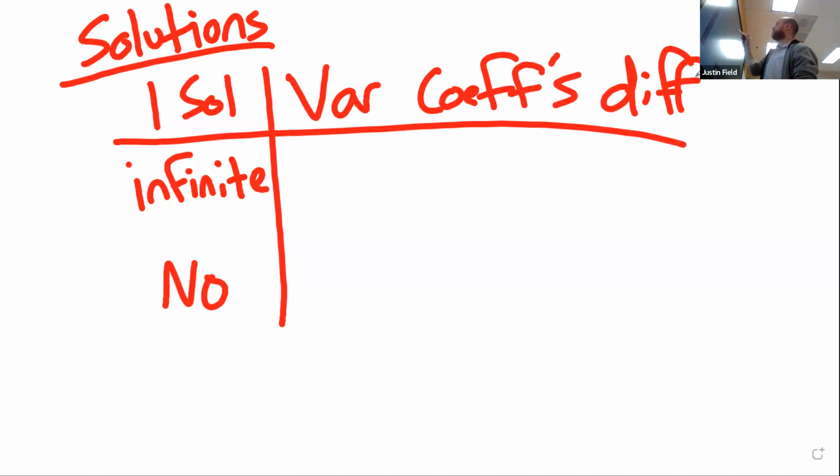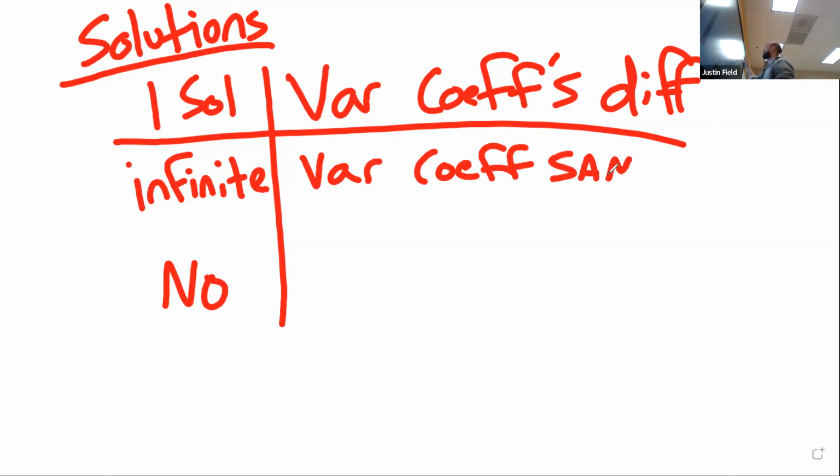And then in both of these other ones, in the infinite solutions, the variable coefficients are the same, and also the constants are also the same.